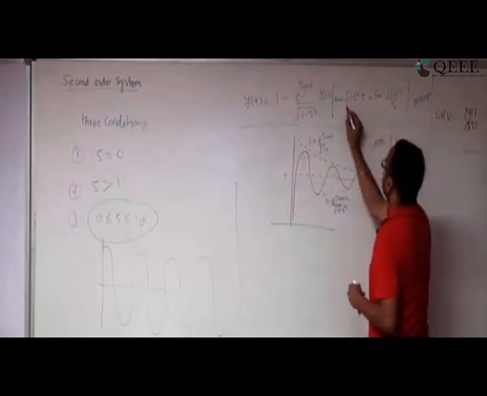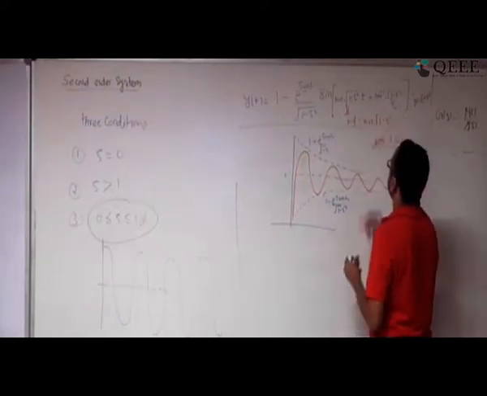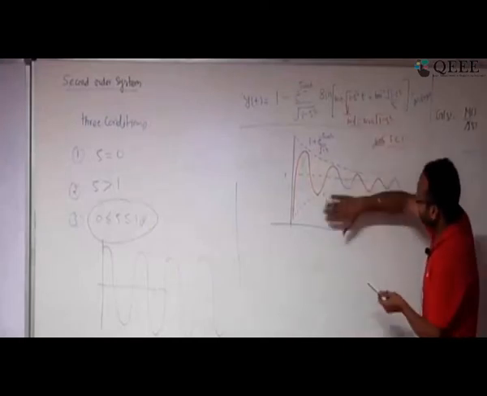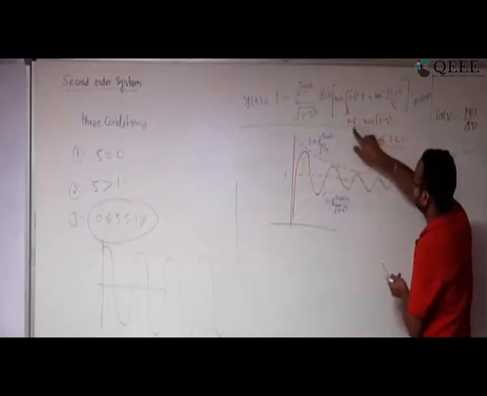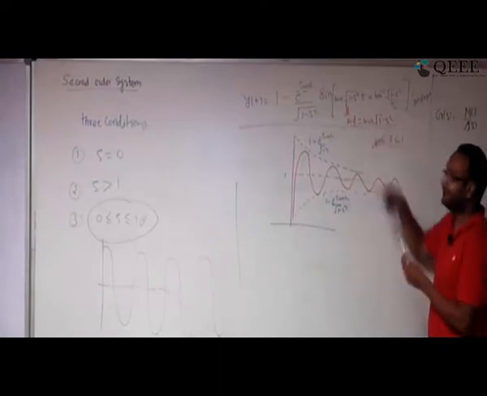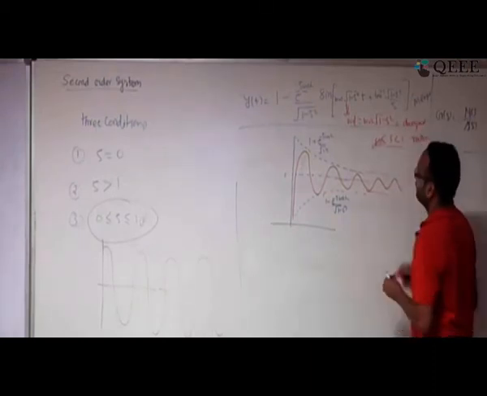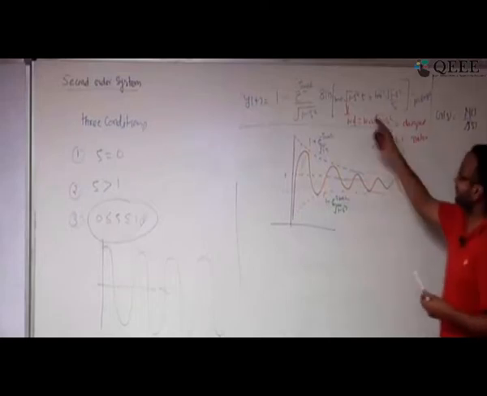Now here, as I mentioned just now, this we are calling omega d. Omega d is nothing but omega n times the square root of 1 minus zeta square. So look at this, the damping is coming with a sinusoidal frequency of omega d, omega n into root of 1 minus zeta square. That is why it is called the damped natural frequency. Now you can understand the difference.